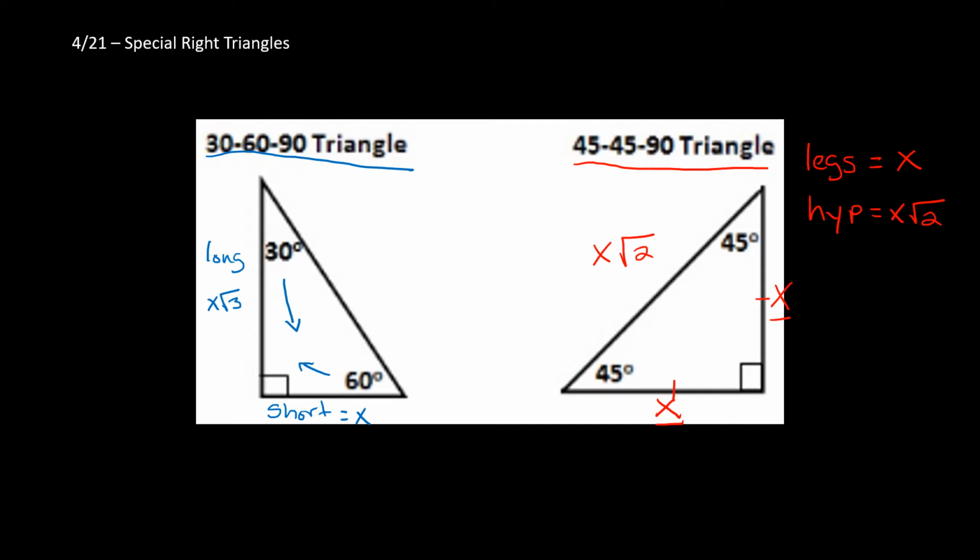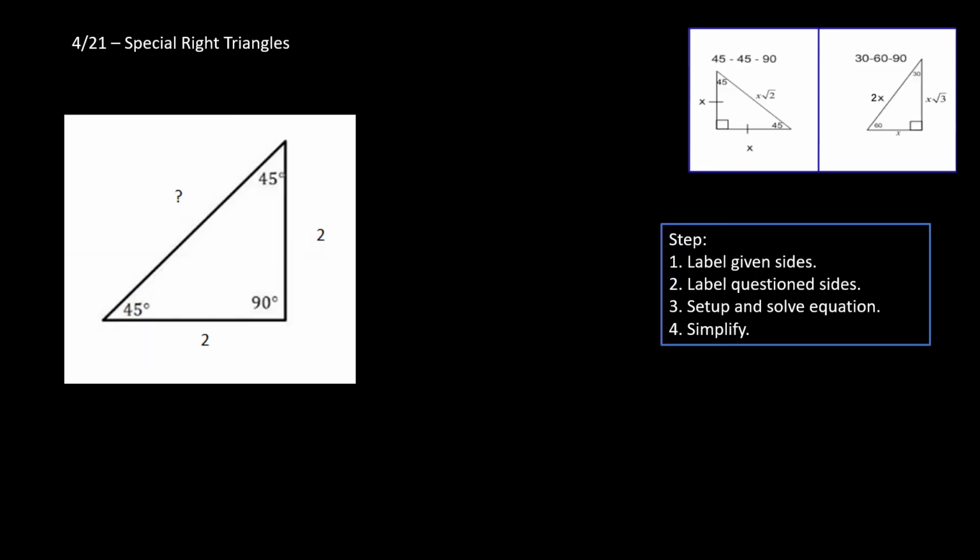And your hypotenuse will be represented by 2x. So we'll write that over here: short is equal to x, long is equal to x square root of 3, and your hypotenuse is 2x. Cool.